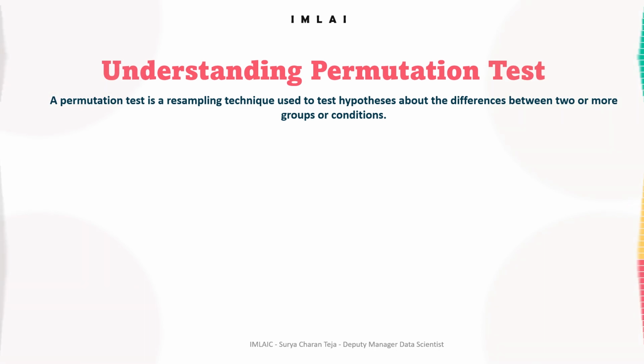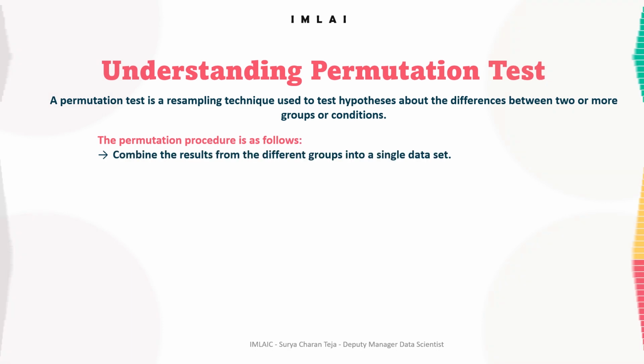It involves randomly permuting the observations in a data set, creating new data sets with the same sample size but different assignment of observations to groups, and comparing the observed test statistic to the distribution of the test statistic under the null hypothesis. So let's look into the procedure first, and after that we will do an example for the permutation test. So the permutation procedure is as follows.